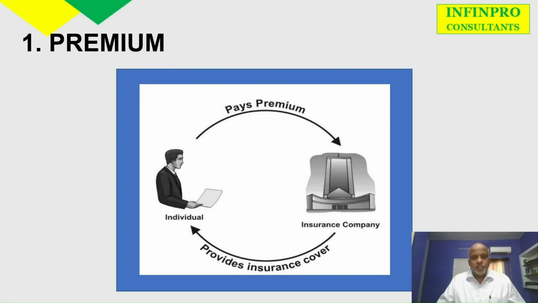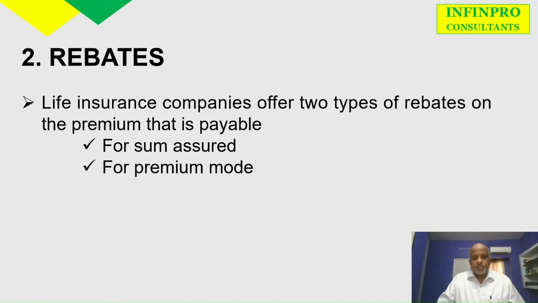So a little bit more on premium. The individual pays premium to the insurance company, and the insurance company provides insurance cover to the individual for the term agreed based on the terms and conditions of the product chosen by the individual. Right. So this is about the first topic which we discussed out of the four elements.